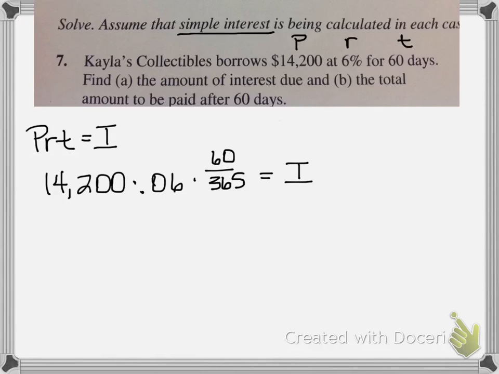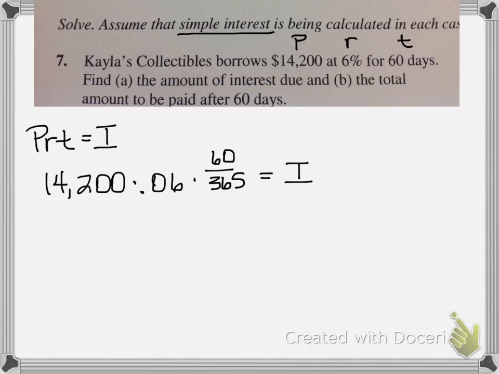So I'm going to put this in my calculator. So 60, I'm going to divide that fraction out first, just so I can get a decimal. Now, when I put it in my calculator, I get a really weird, strange decimal. So I'm just going to leave that number in my calculator. It's 0.164383516. So I'm just going to leave it there because I know I'm just multiplying all of these together. So I'm going to take that times 14,200 times 0.06.